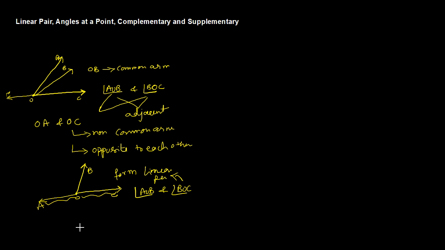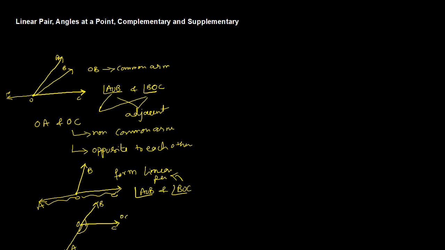So let me draw this figure a little bit differently. Let's take OC. Let's take that OB. If I extend this OA, so what I did is, in this scenario, which is the common arm? OC is common for this angle and this angle.